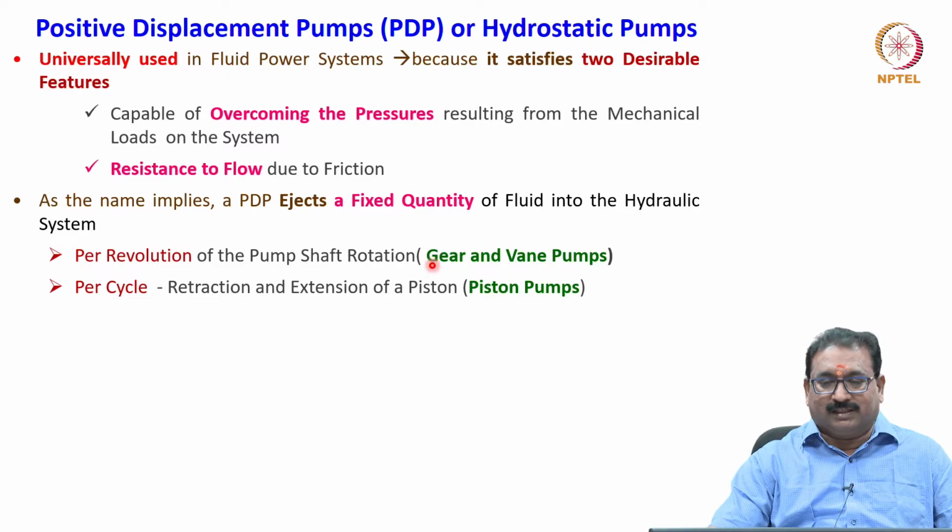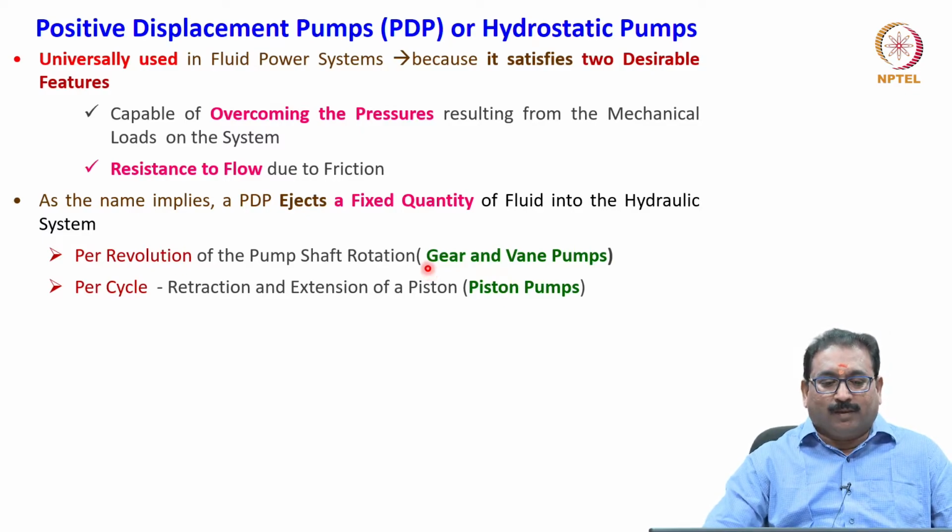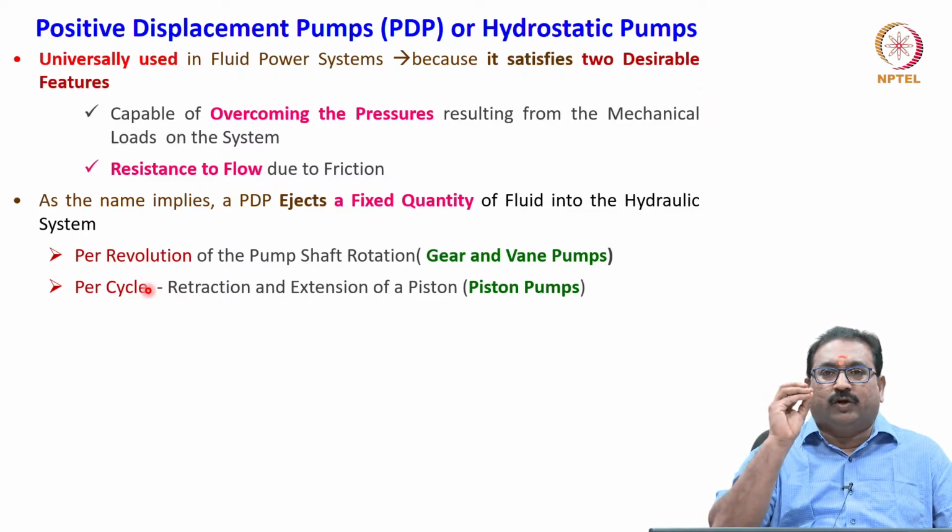We will discuss these with figures in the further slides. But remember, friends, positive displacement pumps are those in which per revolution or per cycle a fixed quantity of oil is ensured at the outlet.